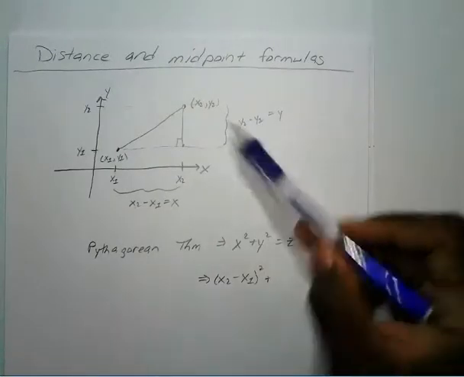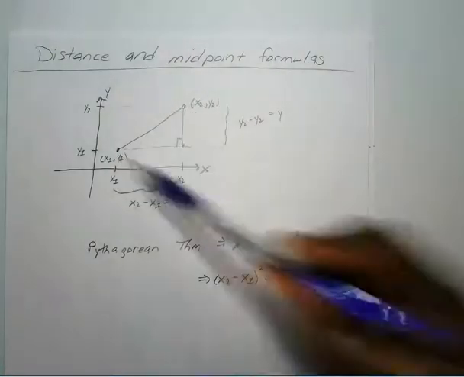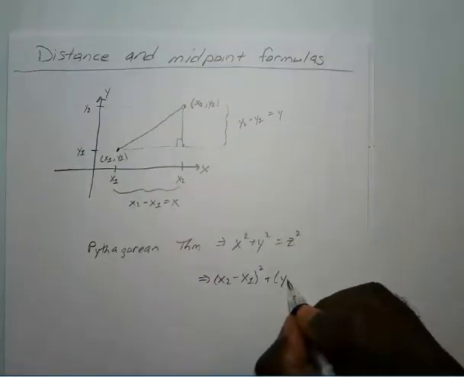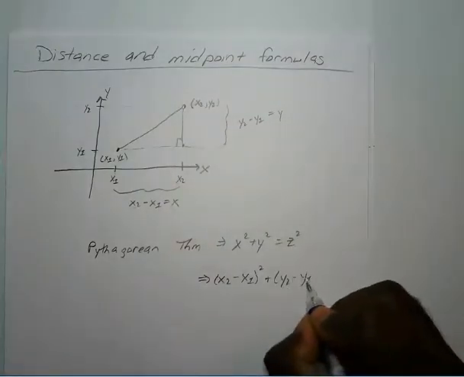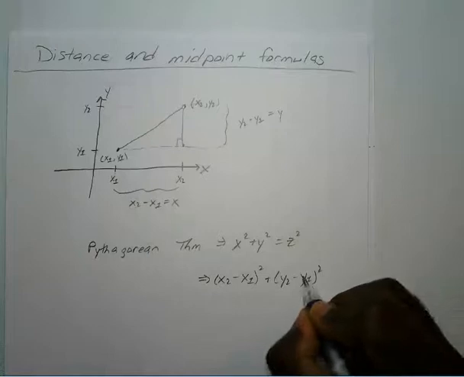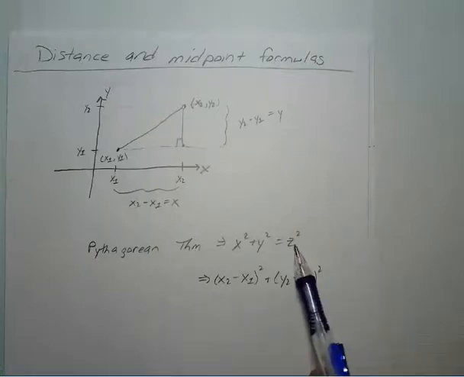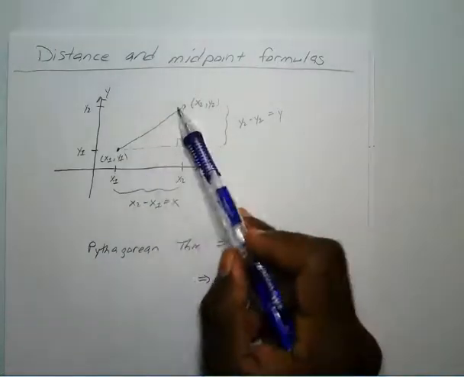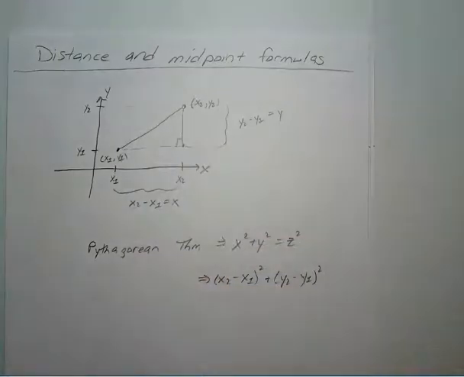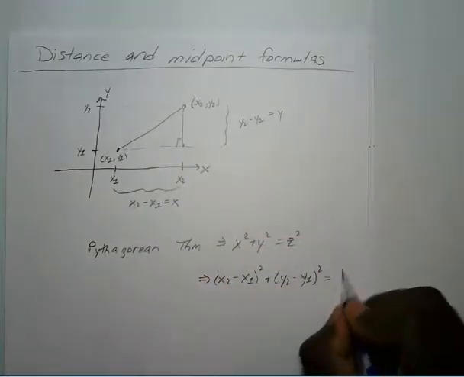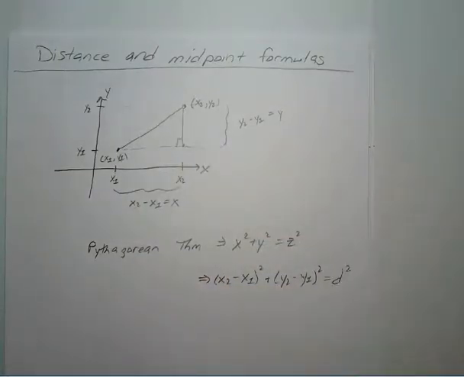We don't have a y value, but we have our y2 and our y1. So that's y2 minus y1 squared. And our z is our hypotenuse, but since we're using a distance, we're going to make that d instead of z. So instead of z squared, we're just using d squared because it's our distance formula.